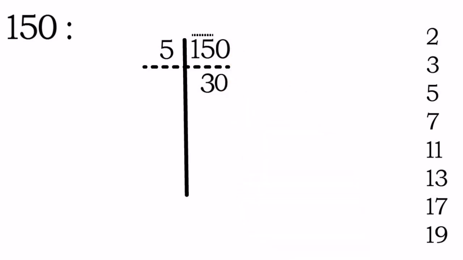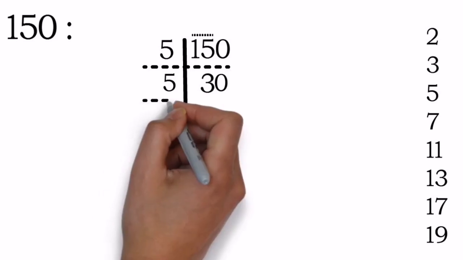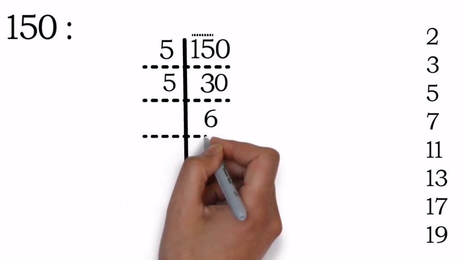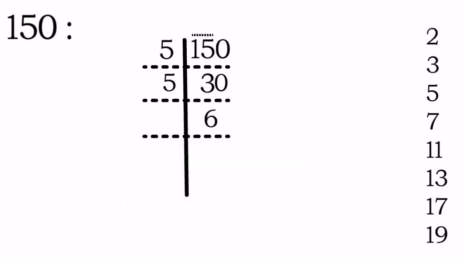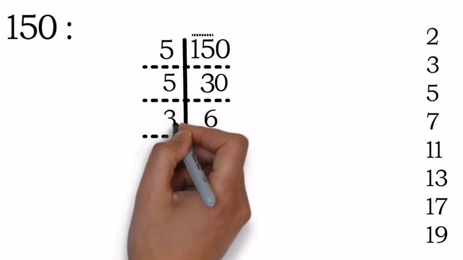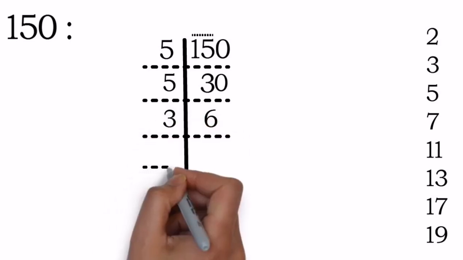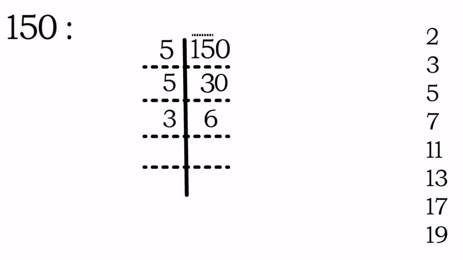Now the next number is 30. 30 is again divisible by 5, so you take 5, and when you divide 30 by 5, what is the answer? Yes, of course, it's 6. So write 6 below 30. Then again, which number can divide 6? It can be 3 or 2, correct? Yes, you usually prefer the bigger number, so 3 can divide 6 and the quotient will be 2.